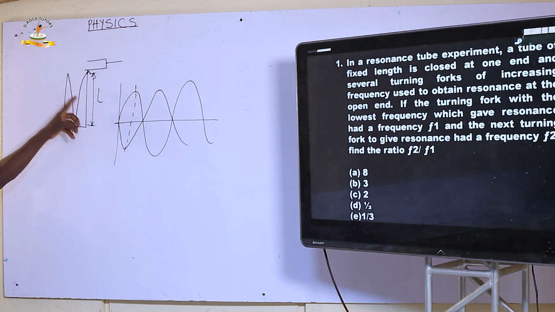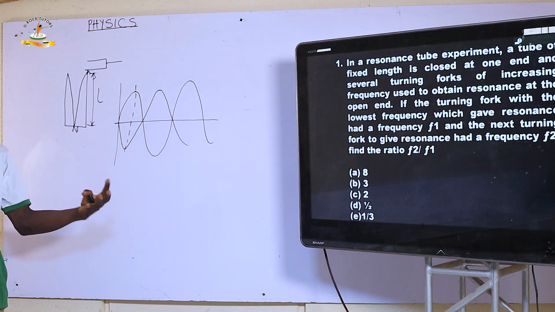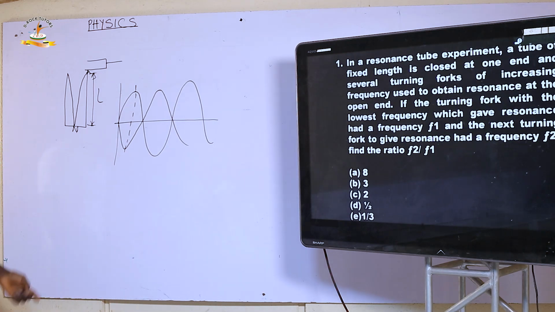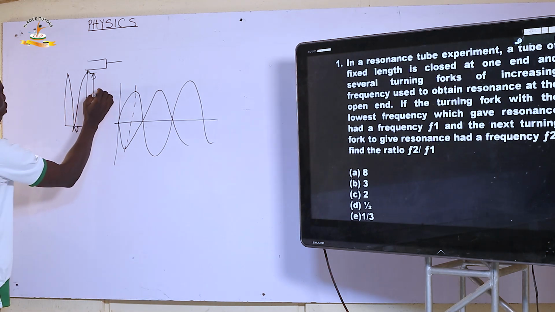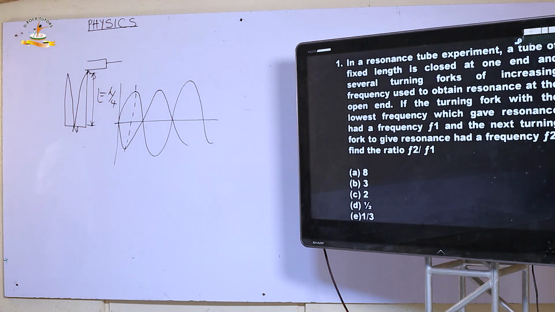From here to here is half, from here to here is another half. So from here to the middle will be a quarter of the whole wavelength. So we're going to say L equals lambda over 4. That is the first point of resonance that will happen in a tube.